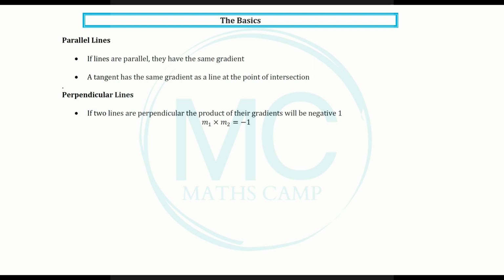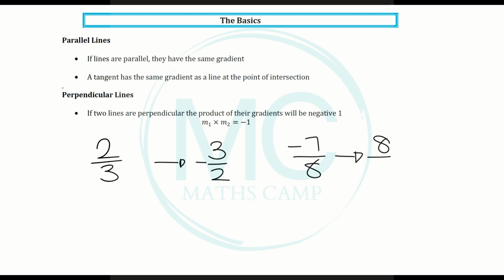So as an example, if we have 2 over 3, the negative reciprocal will be negative 3 over 2. If we have negative 7 over 8, the negative reciprocal will be positive 8 over 7.